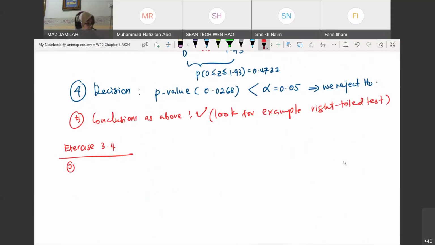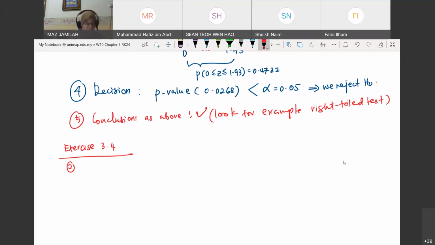Now, a researcher claims that the mean time in seconds to pack all boxes, with each box containing 20 bottles, is more than 10 seconds. A sample of 30 boxes is randomly selected and it is found that X bar is equal to 11.6 seconds and S equal to 3.3 seconds. At alpha 0.05, is there evidence to support the claim? Use p-value method. Okay, this is a good question.